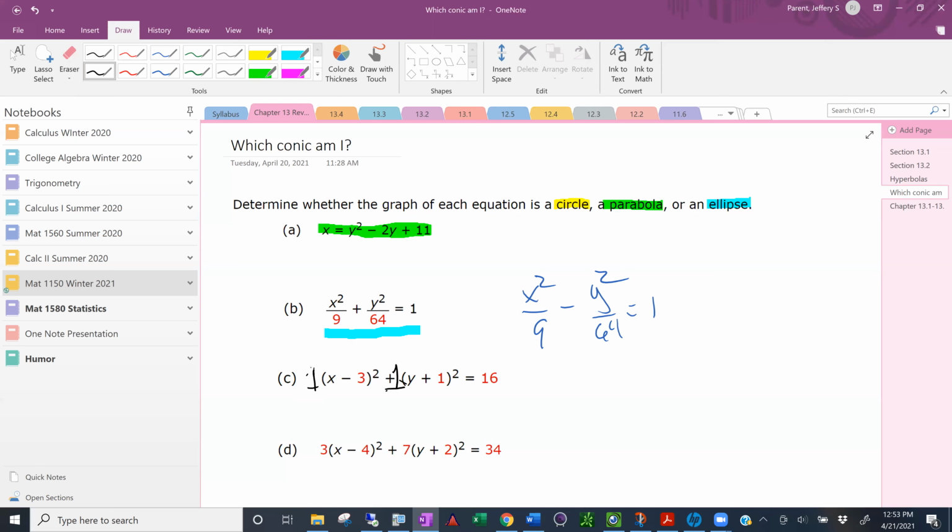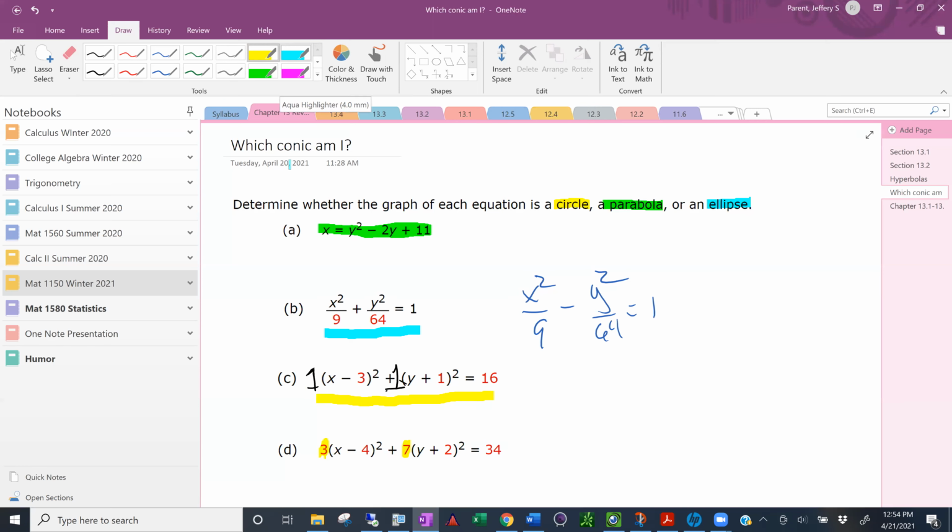The thing to see is that both of these are the same, as opposed to down here where those numbers are different. And that implies that you're going to get different equations. So the first one is going to be what type of graph? A circle. If the coefficients of those squared terms are both positive and the same, in this case both 1, then it's going to be a circle.